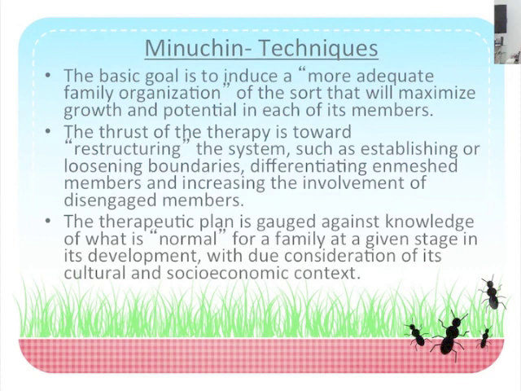It focuses on differentiating enmeshed members and increasing the involvement of disengaged members. That's a common practice. The therapeutic plan is gauged against knowledge of what is normal for a family at a given stage in its development, and with due consideration of its cultural and socioeconomic context.